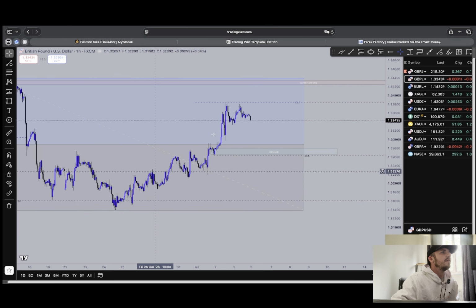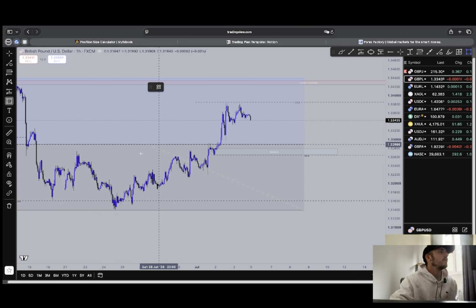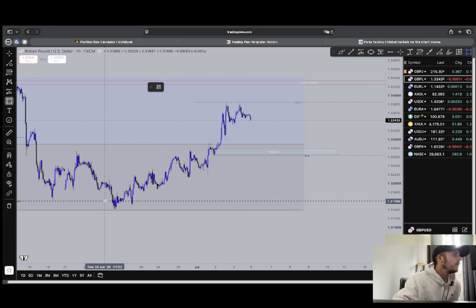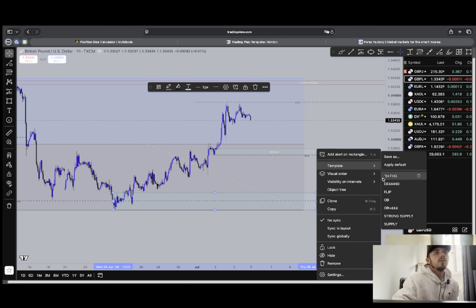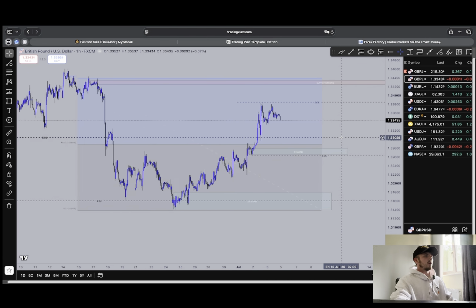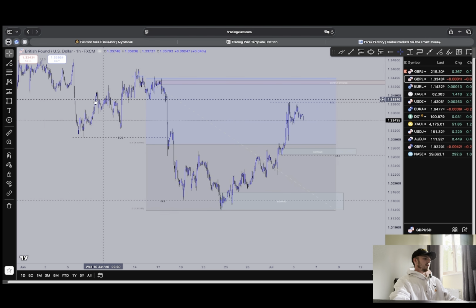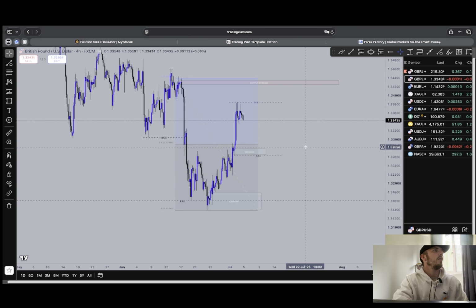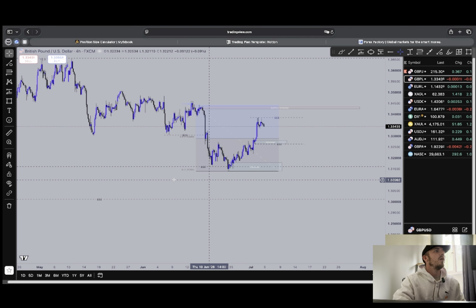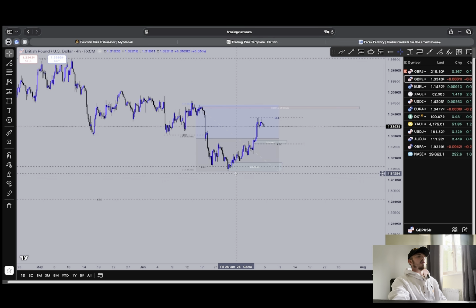And then, of course, we'll have a demand zone down here somewhere. We'll go with this whole range, which, for price to carry on being bearish in the 4-hour time frame, we will need it to break that area.